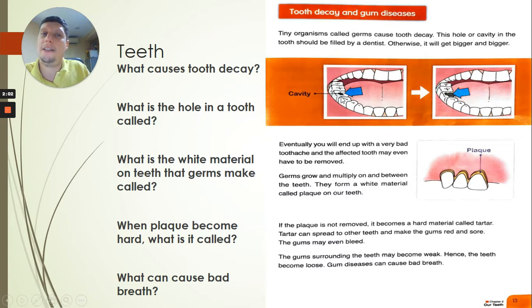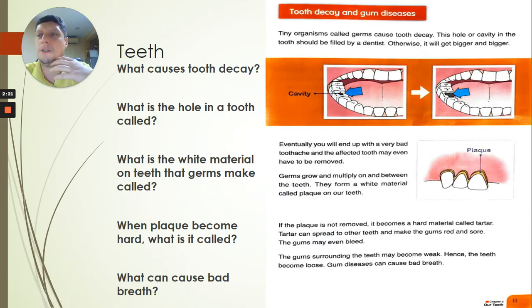So you get a cavity in your tooth. And if you don't look after your teeth, especially when you have a cavity, that small cavity will turn into a big cavity. And whenever you get this big cavity, it will cause you great pain.